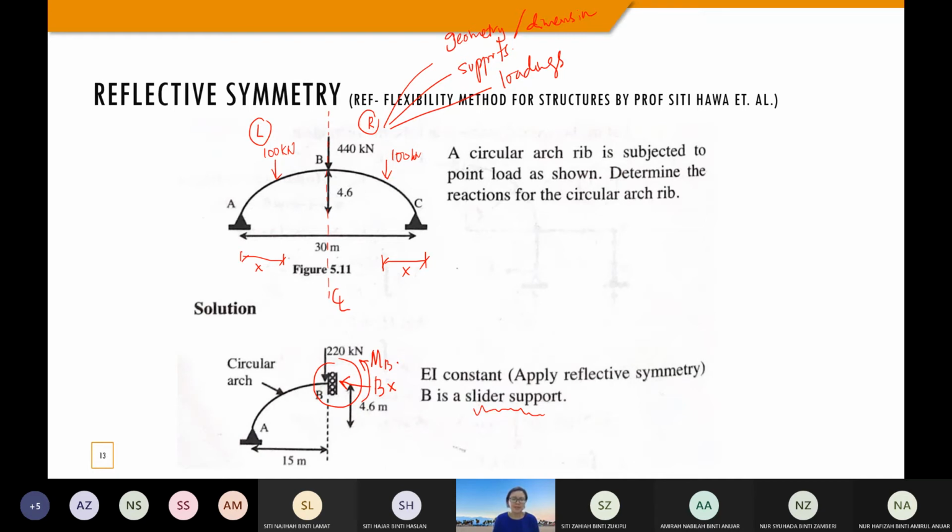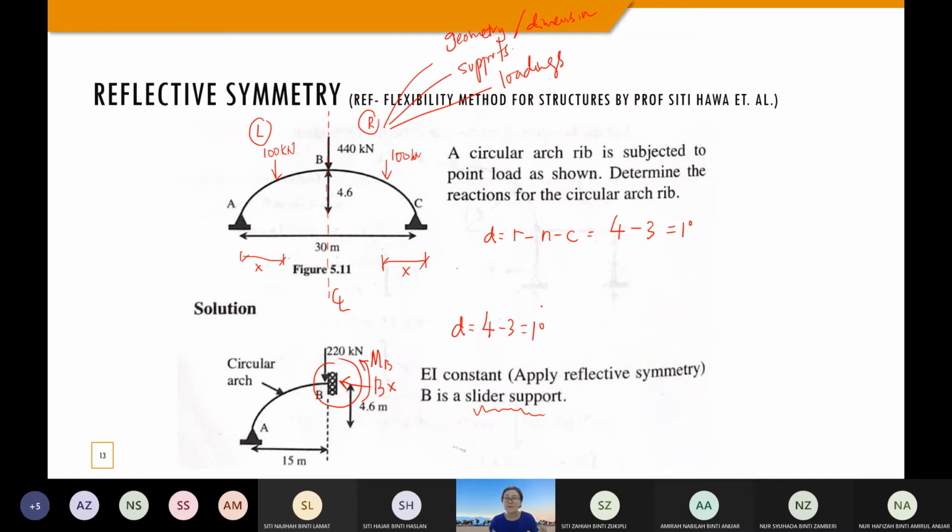Maybe in this case it doesn't seem like it has reduced any redundancy. I will show you. For this full structure, D is R minus N minus C, which is 4 support reactions minus 3, equal to 1. In the half structure, after you apply the reflective symmetry principle, D is still 4 minus 3, equal to 1, so it doesn't seem you have reduced any.